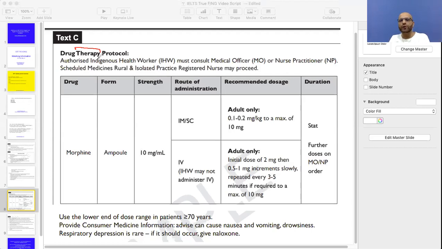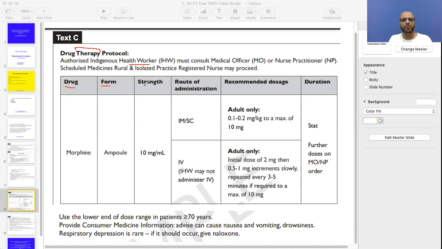So let's go over and read text C to be certain: authorized indigenous health worker must consult medical officer or nurse practitioner, schedule of medicines, rural or in isolated practice, registered nurse may proceed.